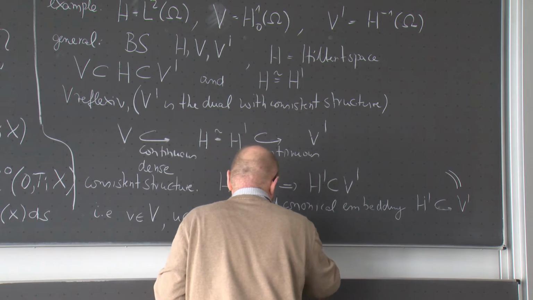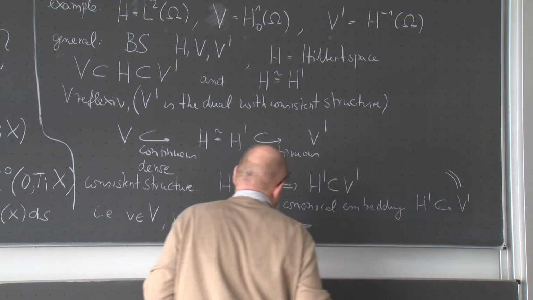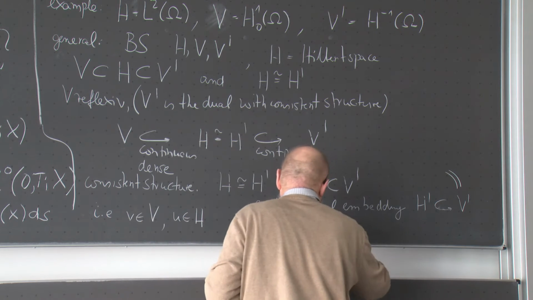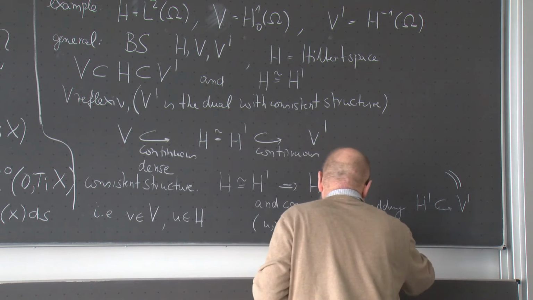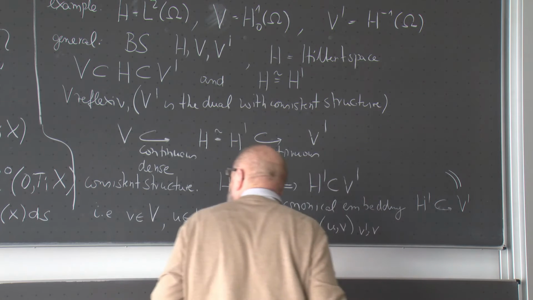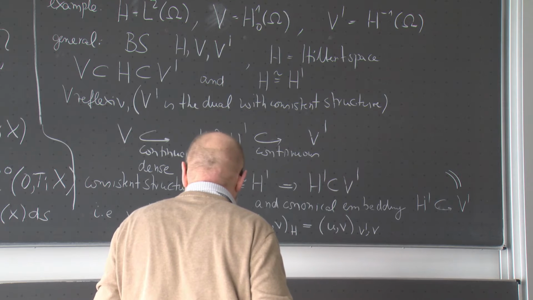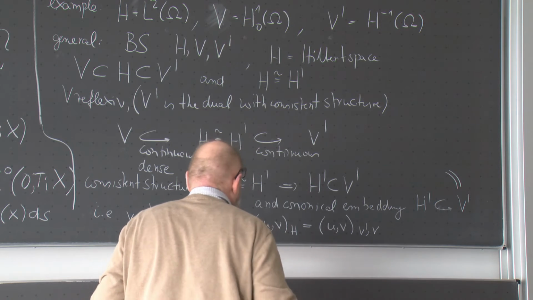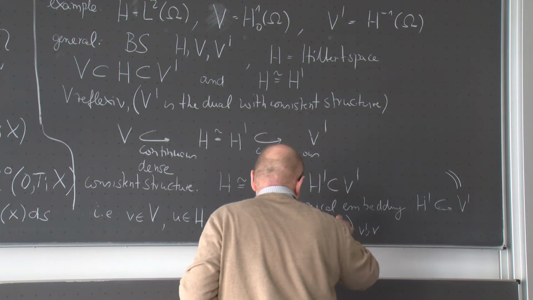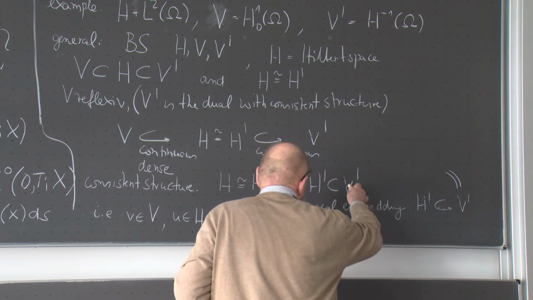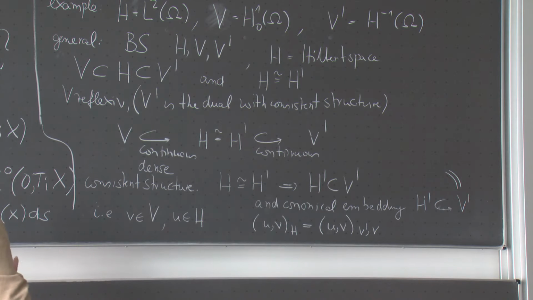So we have the scalar product of u and v in H. On the other hand, that's the same thing as interpreting this in the duality pairing of V prime and V. Let's just look whether the sequence is correct. U in H, yeah, okay. So this is in particular also a V prime element. It's in H, it's in H prime, it's a V prime element, and all this fits together. So this is meant by that.